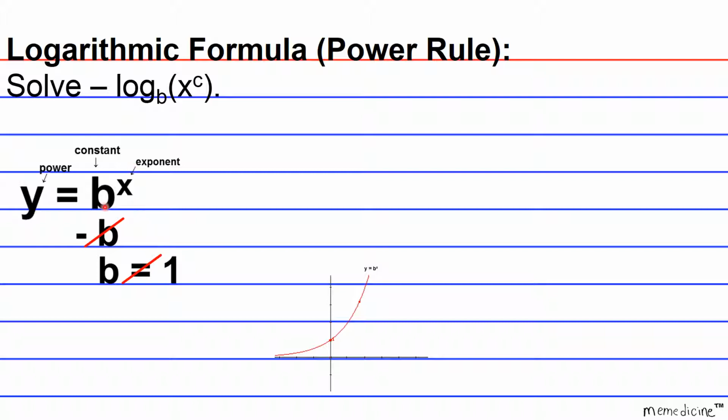And don't confuse this format with a polynomial function because exponential functions, again, have the base as the constant. In a polynomial function, the base is the independent or input variable, and the exponent is the constant. This is a depiction of what an exponential function is going to look like.